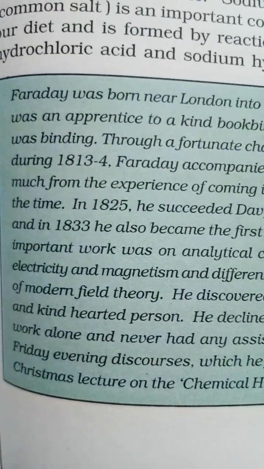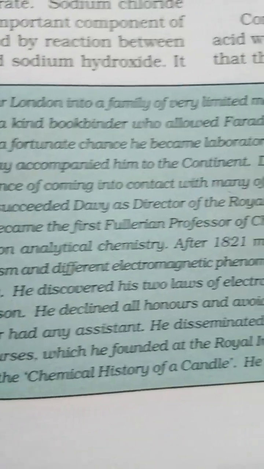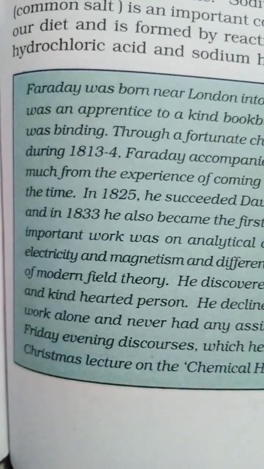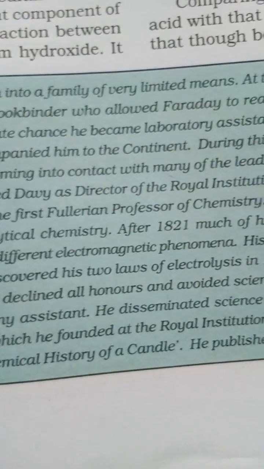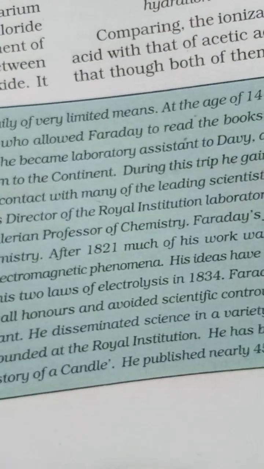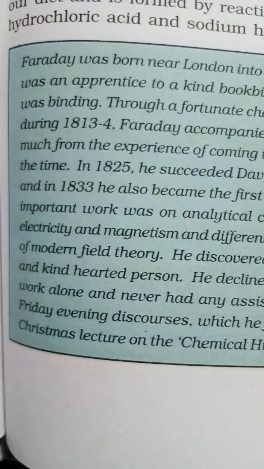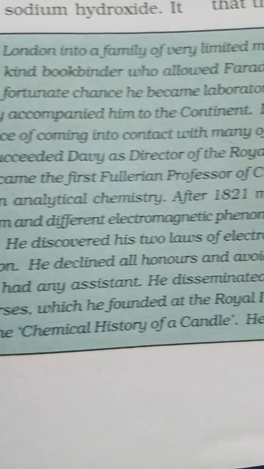At the age of 14, he was an apprentice to a kind bookbinder who allowed Faraday to read the books he was binding. Through a fortunate chance, he became laboratory assistant to Davy, and during 1834, Faraday accompanied him to the continent.